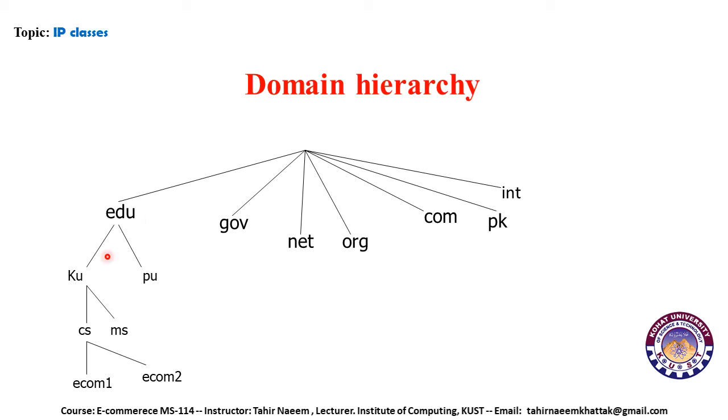EDU can be further divided into Cohort University or Peshawar University, while Cohort University can be further divided into computer science and management science, while computer science can be further divided into e-commerce 1, e-commerce 2. So this is the generic domain hierarchy, and many domain hierarchies are possible.